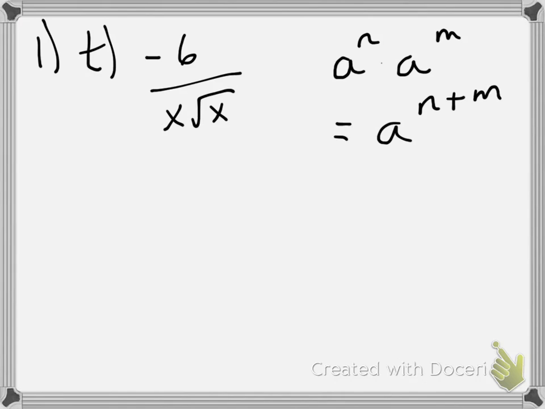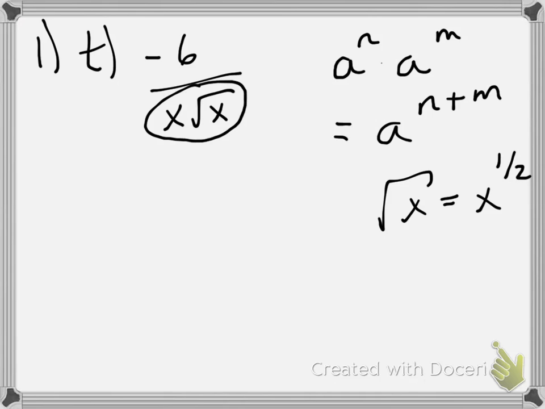And we just talked about how the square root of x is the same thing as x to the 1/2. And x is just x to the 1. So this term in the denominator rather, is x to the 1 times x to the 1/2. So that's the same thing as x to the 3/2.